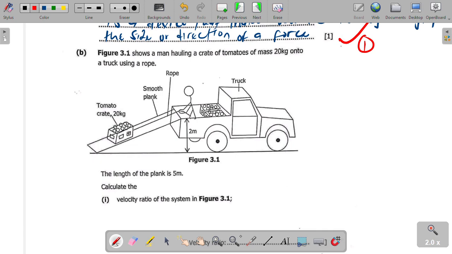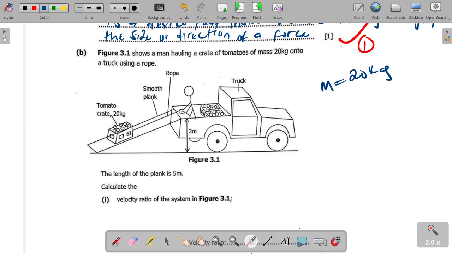Question B now. Figure 3.1 shows a man holding a crate of tomatoes of mass 20 kg, so our data: mass 20 kg, to a truck using a rope. Here's the diagram.